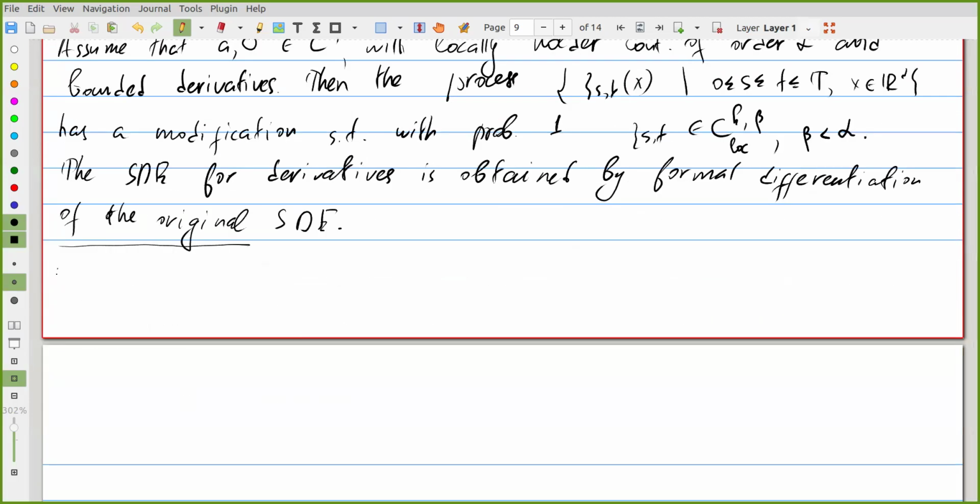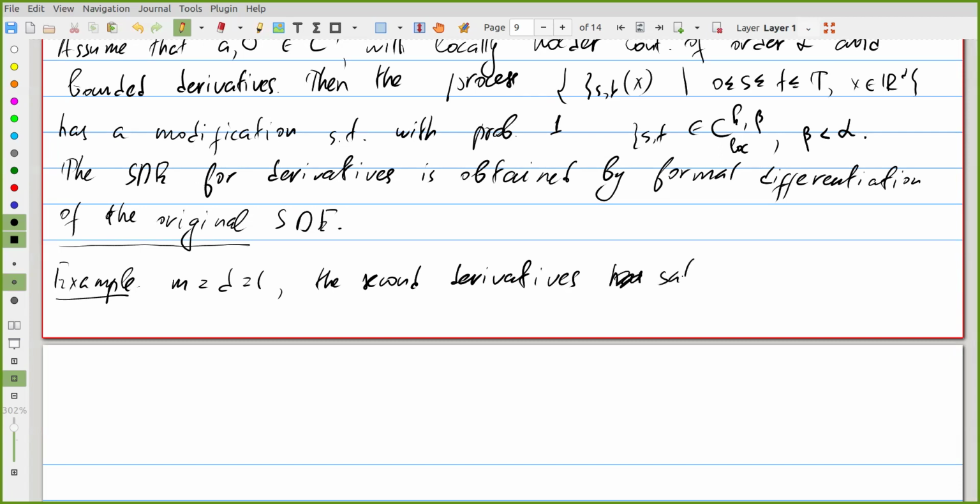So for instance, for example, again in the one-dimensional case, the second derivative satisfies the stochastic differential equation with coefficients of the following form.